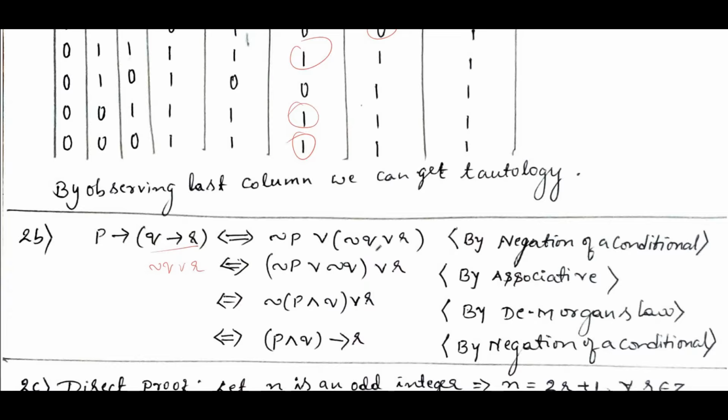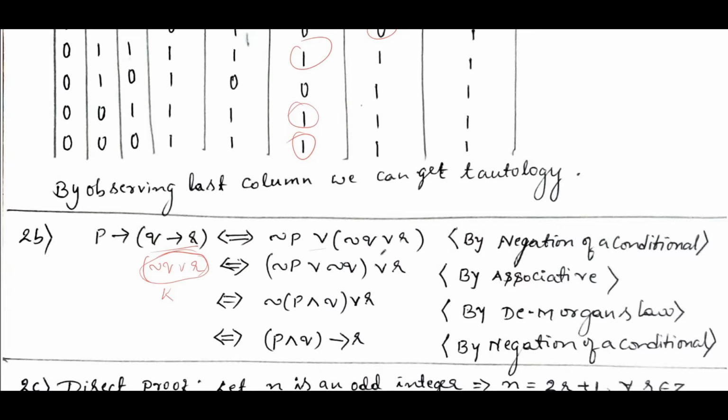Next, you can think of this as some proposition K, so P implies K. Since we know that P implies Q can be written as negation P disjunction Q, by negation of the conditional I have negation P disjunction (negation Q disjunction R).